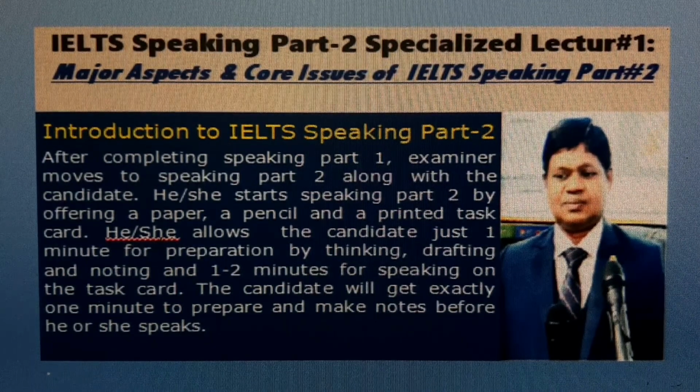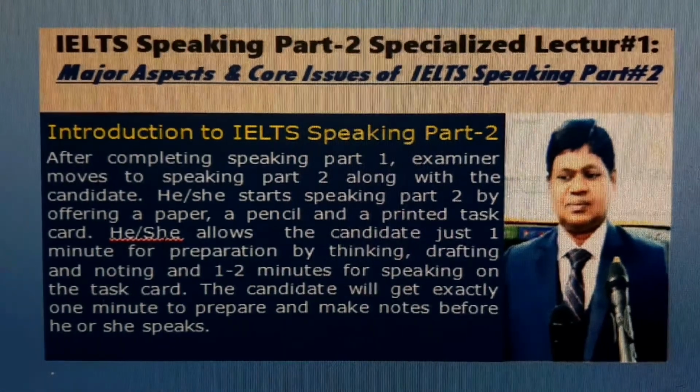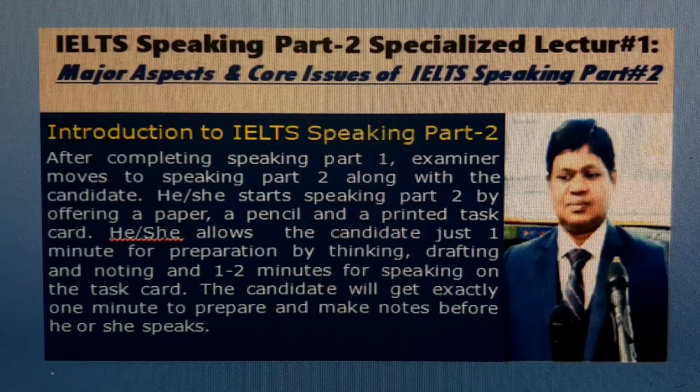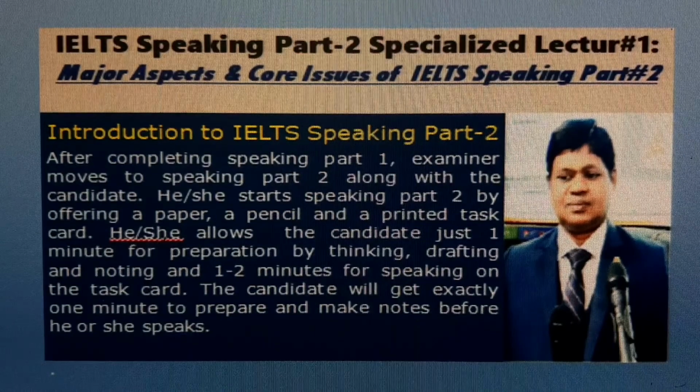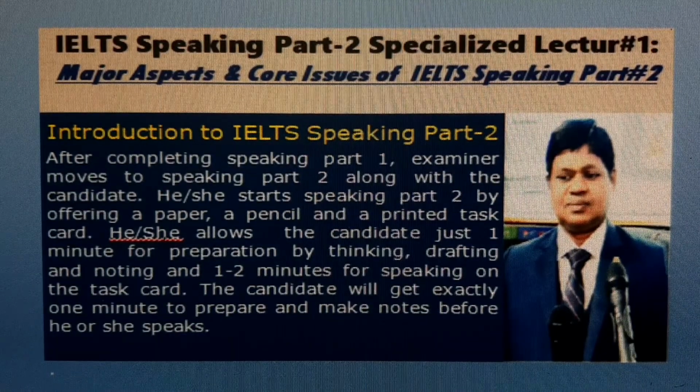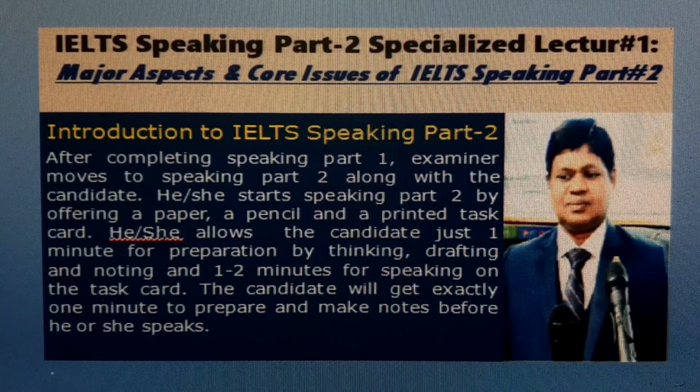Our speaking part 2 takes 3 to 4 minutes in total. Now, I will be talking about the detailed description of our speaking test part 2. Let's begin. Our speaking part 2, individual long turn, cue card or task card presentation.